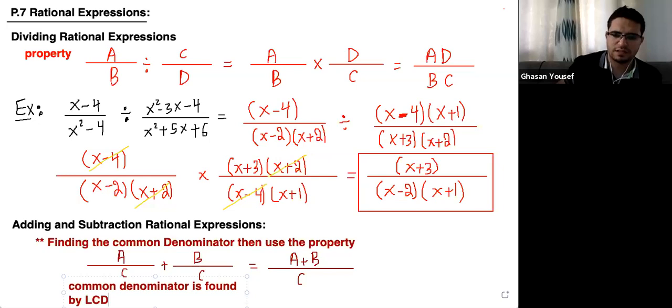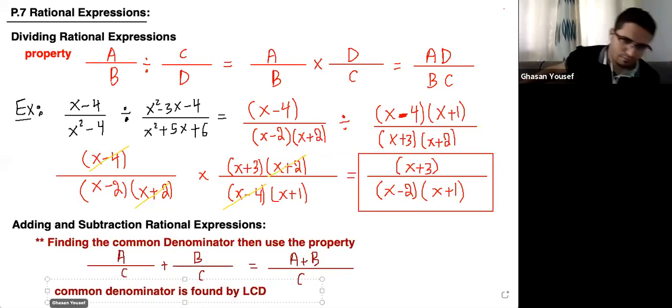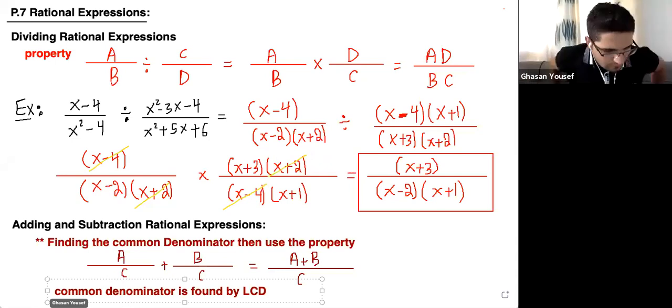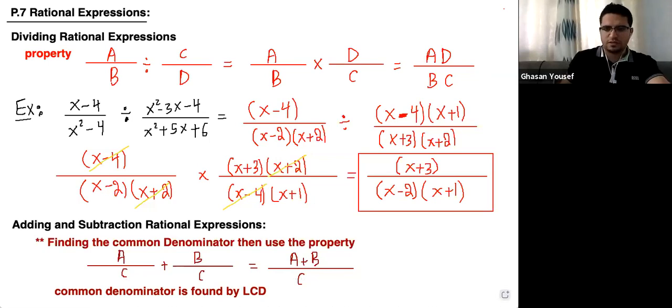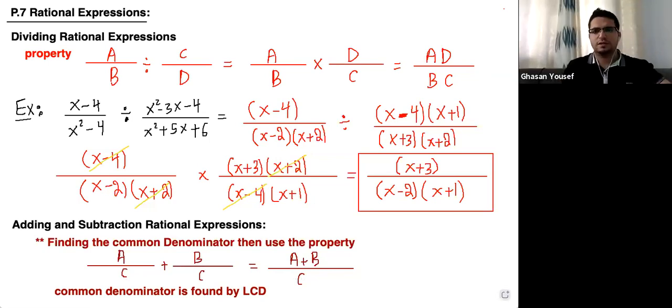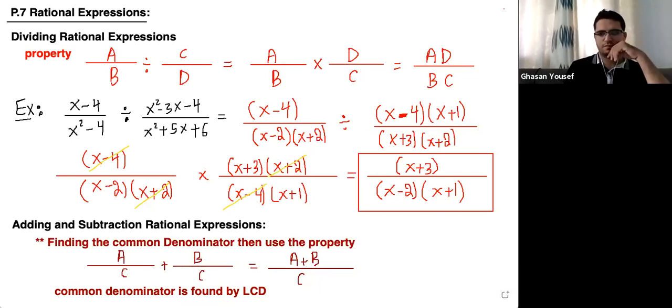We spoke about this in the first section in this book, but I'm going to give you an example and then I will remind you how to find the least common denominator. Okay, example for this. Any question for the definition? Okay. So let's go to the example.